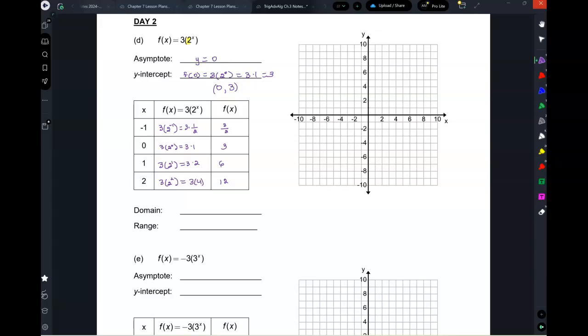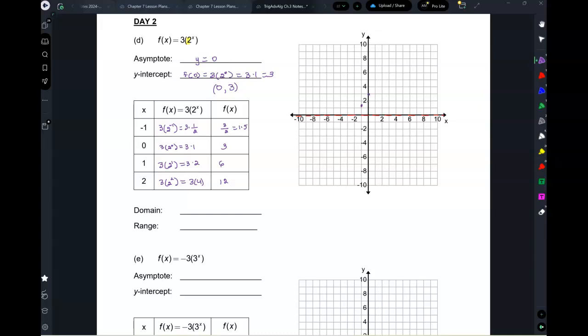Okay, so let's go over here. The asymptote is again y equals 0. Let's put in our points. At -1, it's 3 over 2, which is 1.5. Right there. And then at 0, we're at 3.